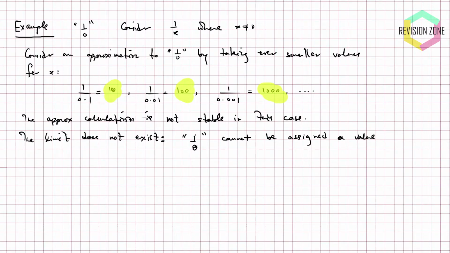So to just write down a summary of what I've said. Summary: a limit is a number, right? It doesn't always exist.